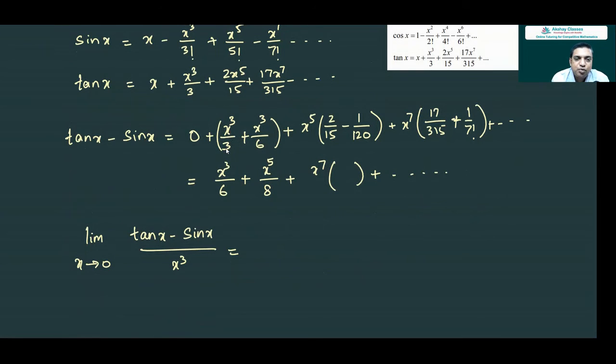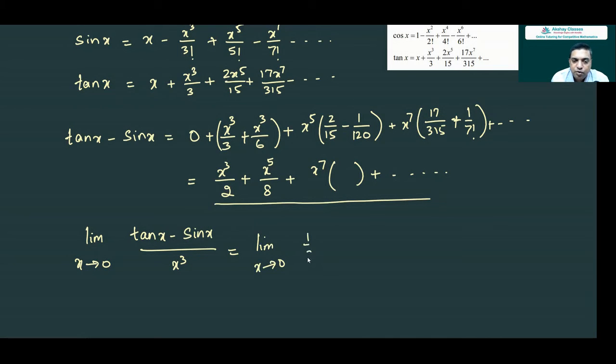So this is x cube by 3 plus x cube by 6. That becomes 3 by 6. This becomes 1 upon 2. I'm sorry. And this term remains as it is. So we divide this expression here by x cube.